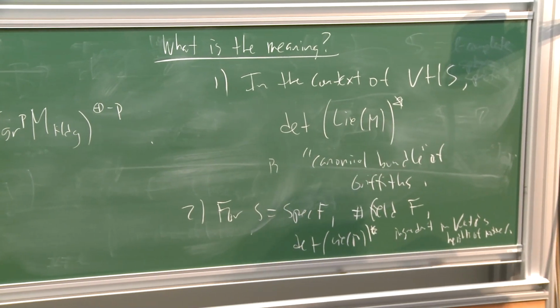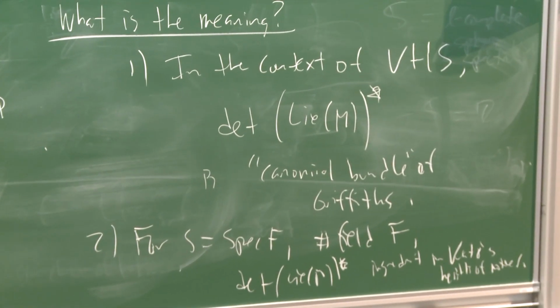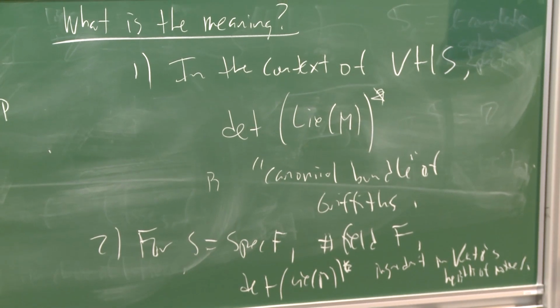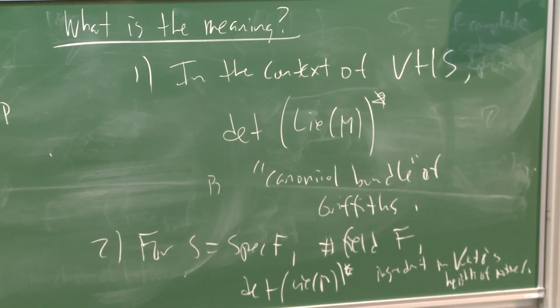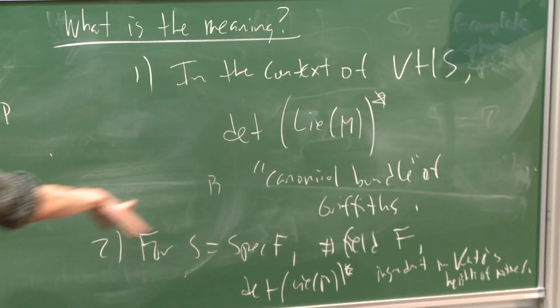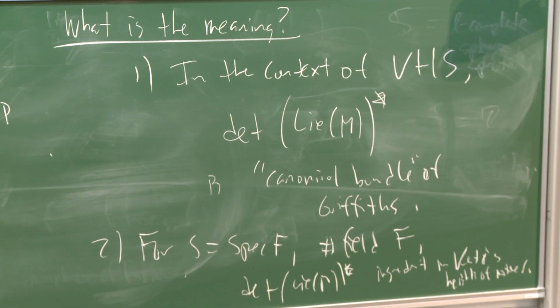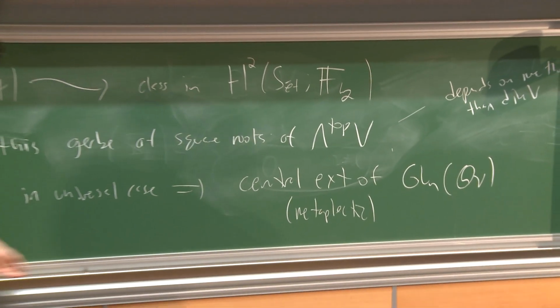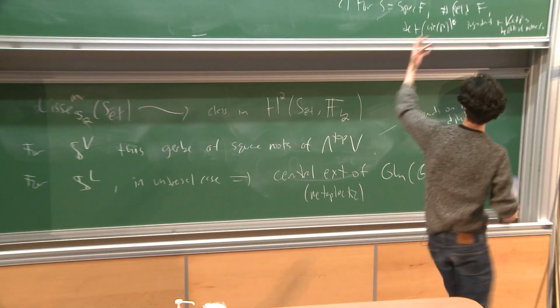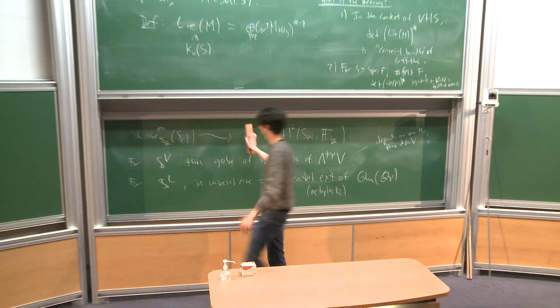It's just a one-dimensional F vector space, but Kato puts a norm on it at every place and then extracts a positive real number from that, which he calls the height of the motive. But it's the same object coming into it here. So that's where this bundle, or rather its top exterior power, has appeared.